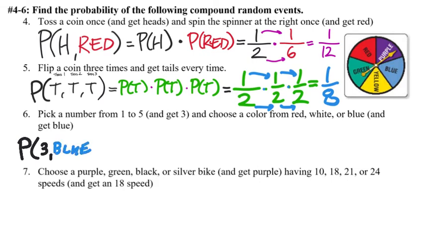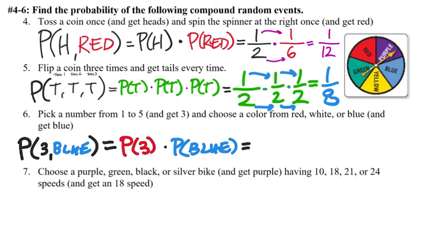So it's the probability of picking 3 from the numbers 1 through 5, and then choosing blue from 3 different colors, right? So that means we'd be wanting to find the probability of choosing 3, and we look at these separately, and then also we'd look at the colors, right? So the probability of choosing blue on this, and all we're going to do is multiply these 2 probabilities to figure out our compound probability.